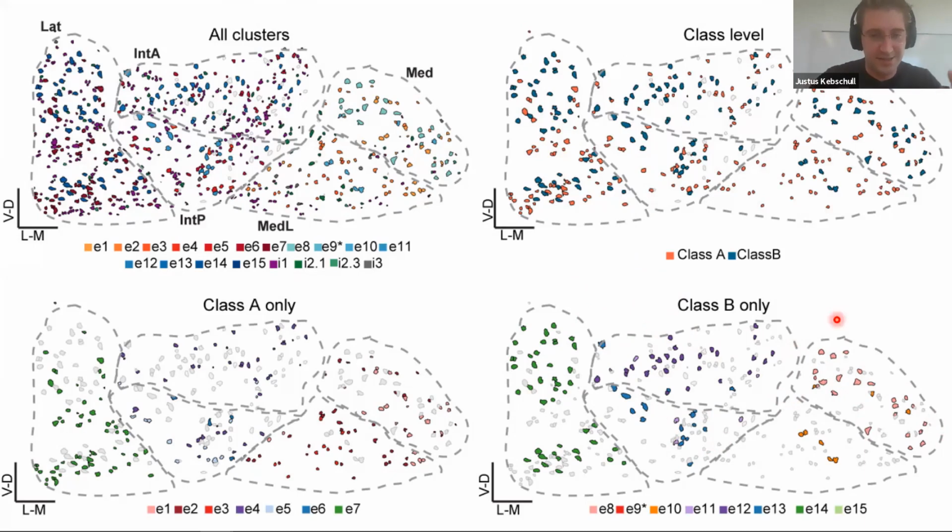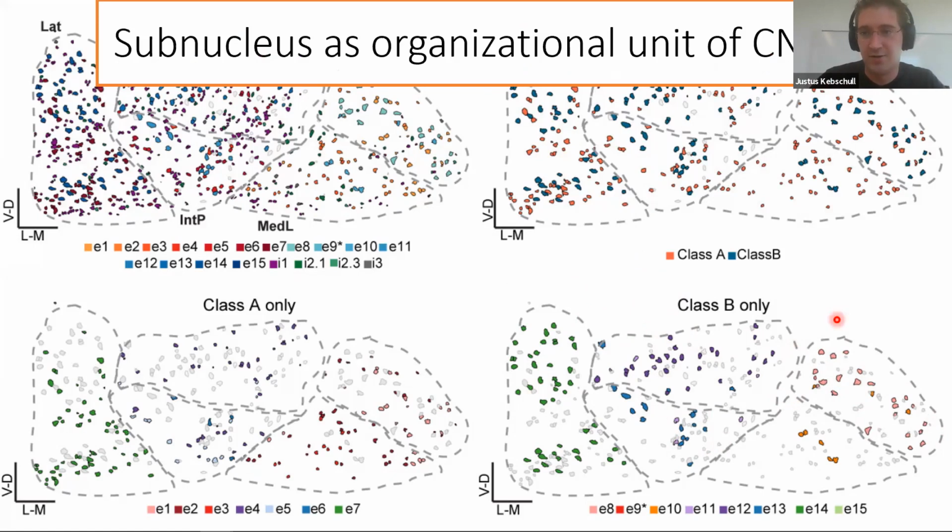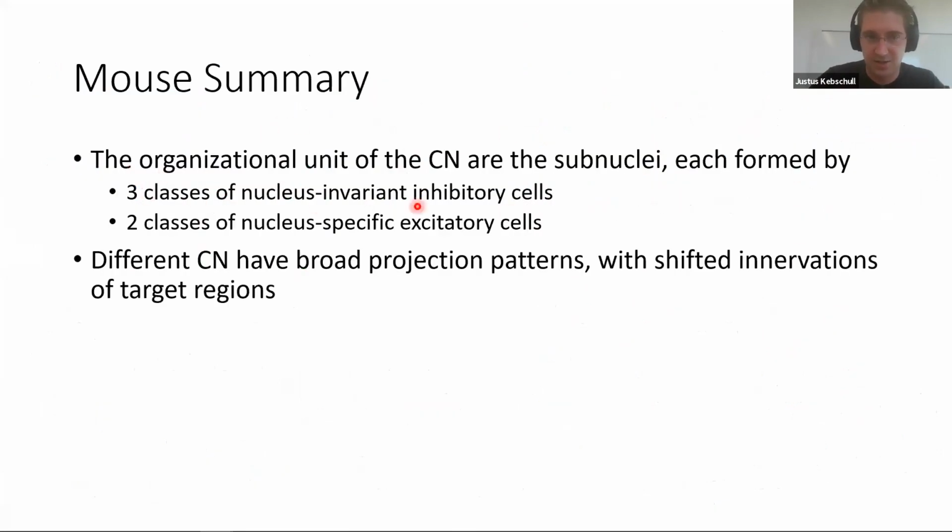And this just popped out of the data, suggesting that actually it's not the nucleus that's the organizational unit of the cerebellar nuclei, but it's the subnuclei, each of which contains this backbone of nucleus-invariant inhibitory, 3 inhibitory cell classes, and then representatives of the 2 classes of nucleus-specific excitatory cells.